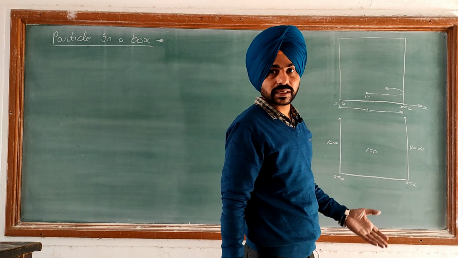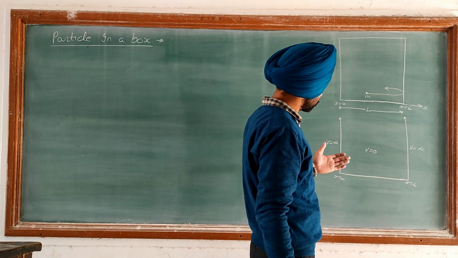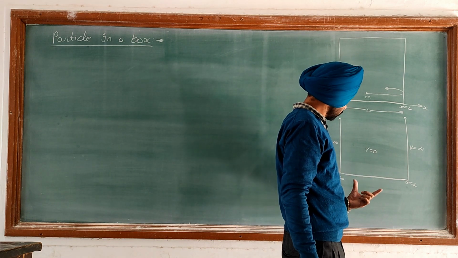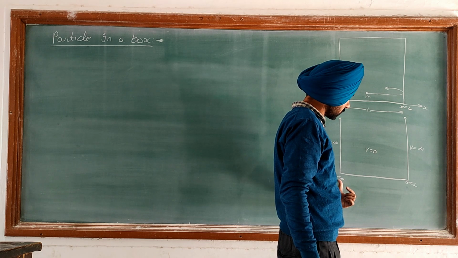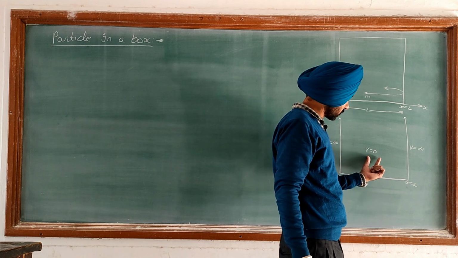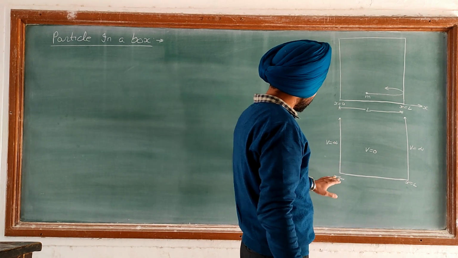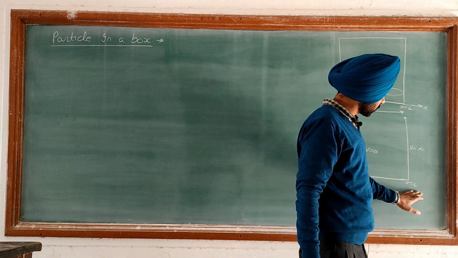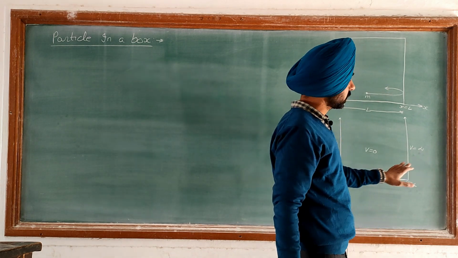Free particle means there is no force. If there is no force, no potential, so V is equal to 0 inside the box. So for x equal to 0 to x equal to L, the potential is 0, and for x less than 0 and x greater than L, the potential is infinite.